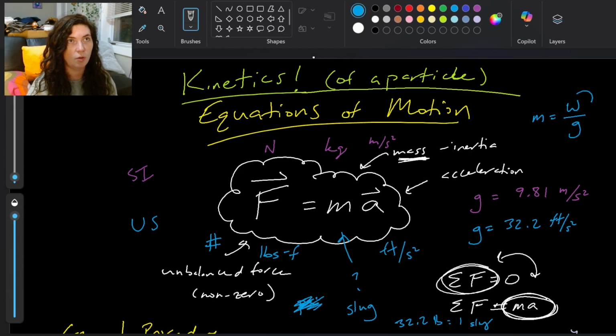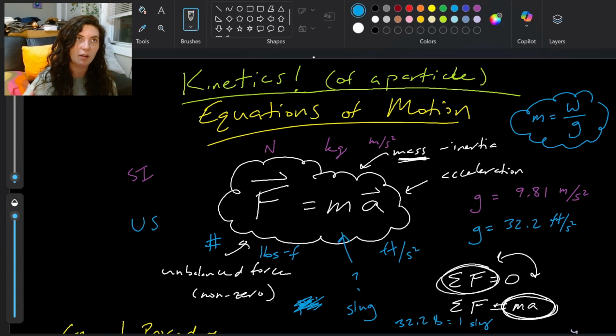This is really just a rearranging of the F equals ma equation. But just know the standard mass unit in US is slugs. Yes, it sounds just like the animal, but it is slugs. And you'll find that by using mass equals weight over gravity.